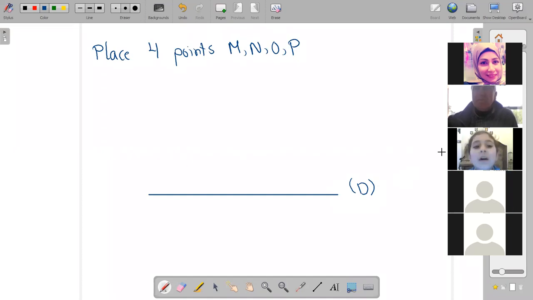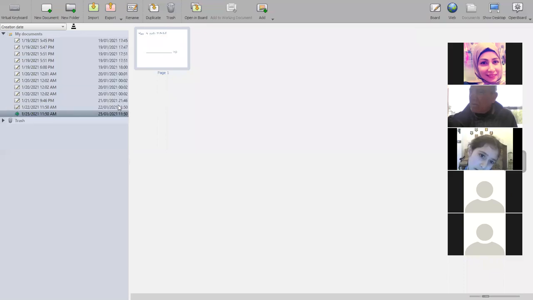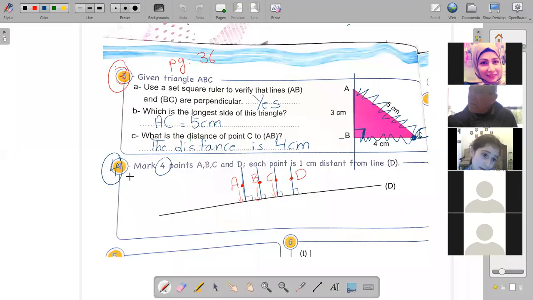Which page, Madam? It's an example, Ustaz Ali. On Friday we did this exercise. Exercise 4, page 36. Now we will revise this question today.